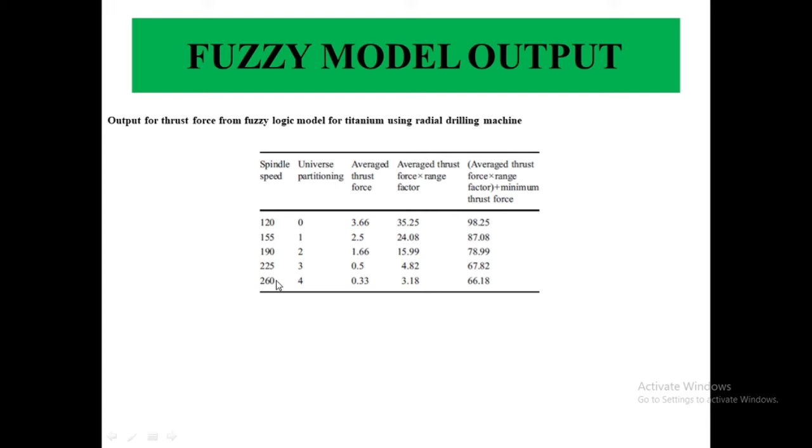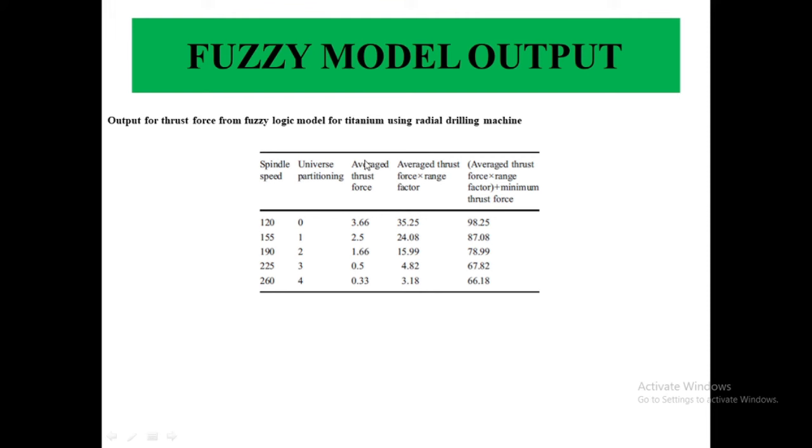According to the machine tool specification and the standard machine data book, I select these spindle speed ranges. Universe partitioning: now you are aware of what universe partitioning 0, 1, 2, 3, 4 is, because I utilize a triangular membership function for making a relationship between input and output, so here 4 universe partitioning values are available.